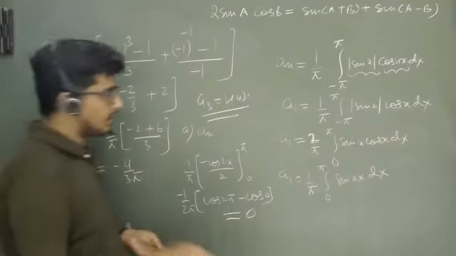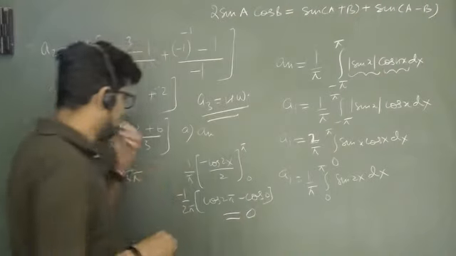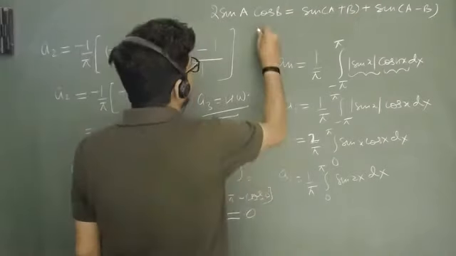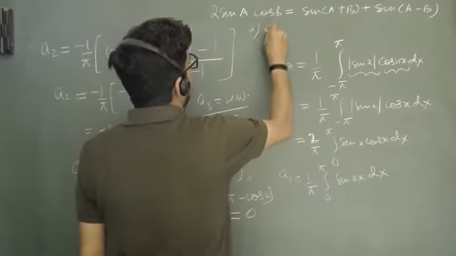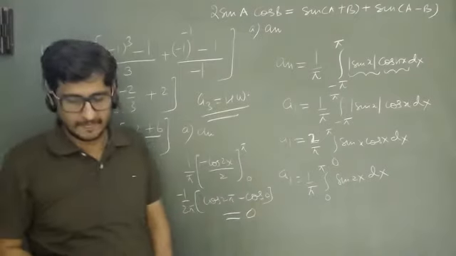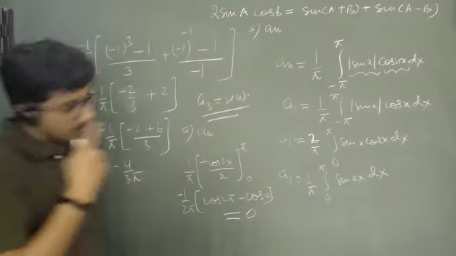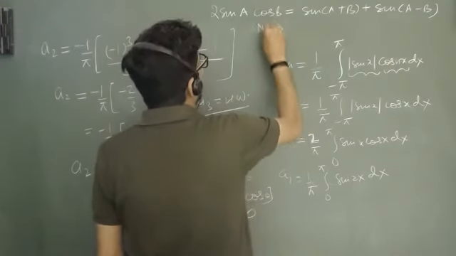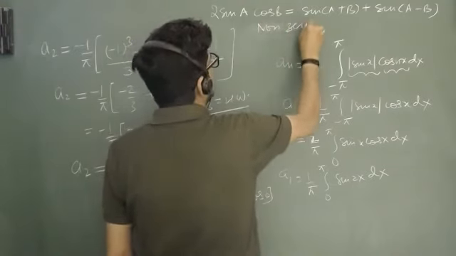So the question was this. Please see. The question was about an and bn, which coefficients are non-zero.